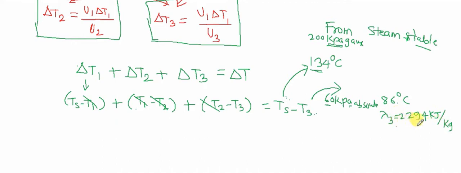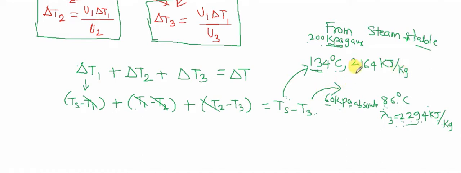So for 60 kilopascal you have temperature 86 and corresponding latent heat 2294 kilojoule per kg. Similarly, for steam at 200 kilopascal gauge, the temperature will be 134 and the corresponding latent heat 2164 kilojoule per kg.